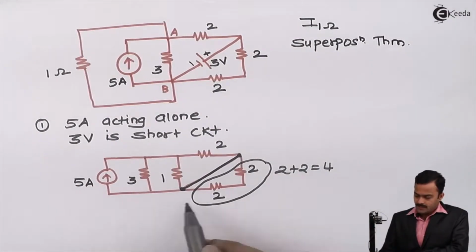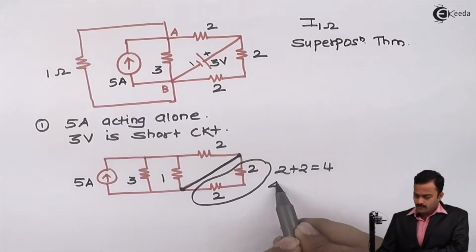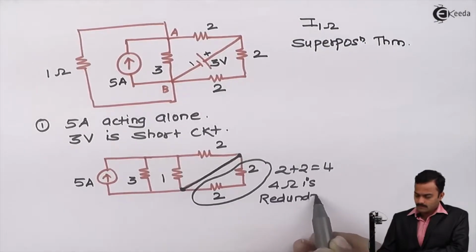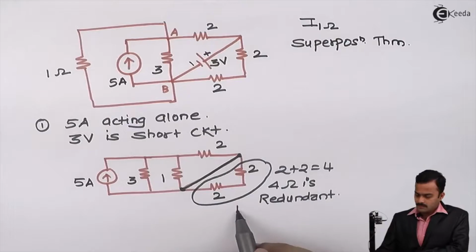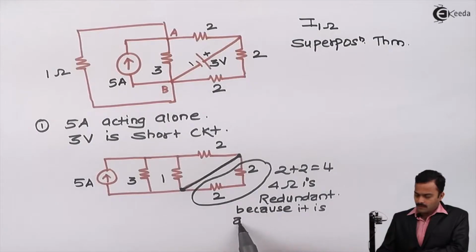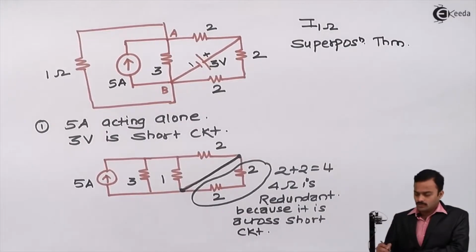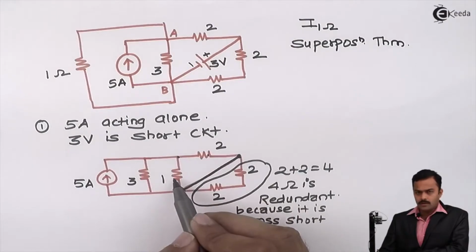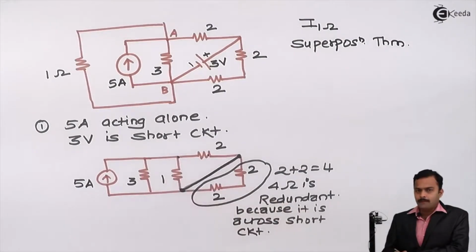So I can say 2 plus 2 equal to 4 ohm is redundant, because it is across short circuit, so it will get bypassed. So let's remove this part in a circuit. Moreover, if you see properly, this 2 ohm and this 1 ohm actually come in parallel. So I will redraw the circuit.